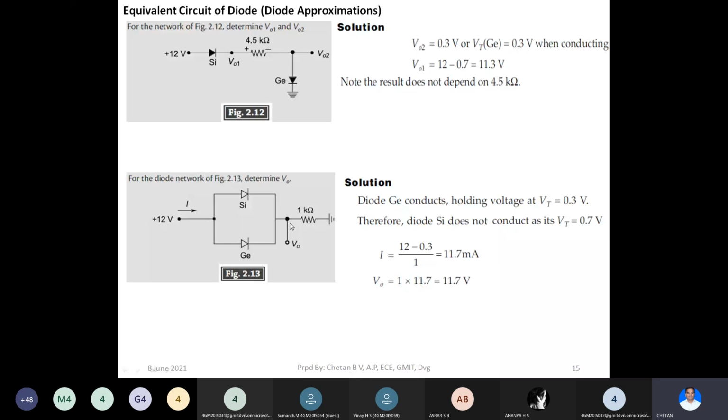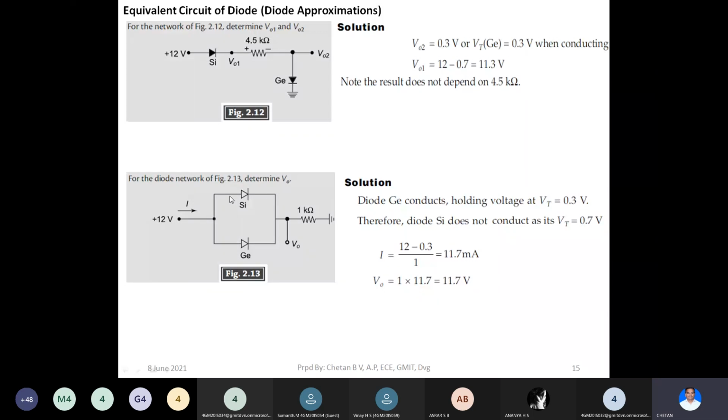At the input you have 12 volt, right? So what we have assumed initially is that the silicon diode is off. Now to justify our assumption, consider the anode of silicon, which is connected to 12 volt, and the cathode of silicon, which is connected to V naught. What is V naught? V naught is 11.7. So anode is at 12, cathode is at 11.7.